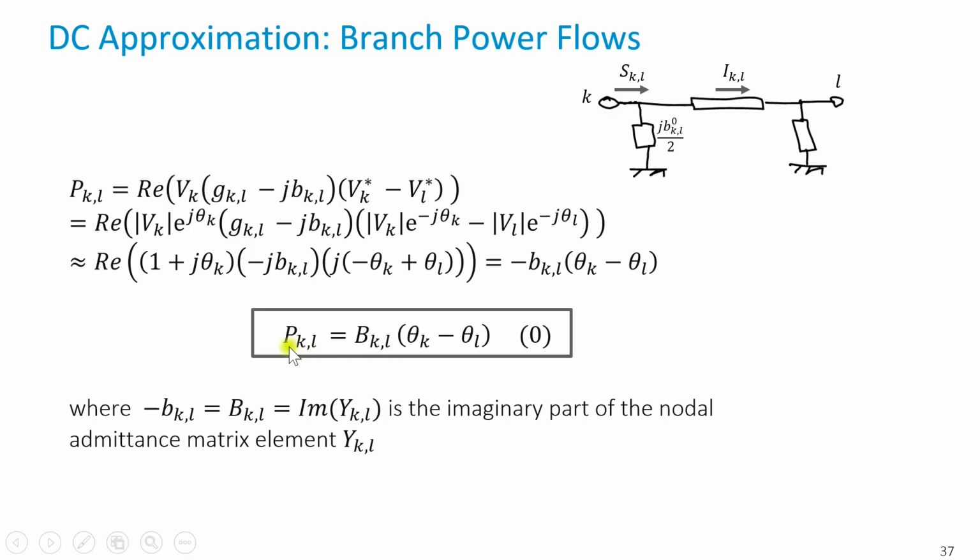And this gives this approximation, which is exactly capturing what I mentioned on the example before. It says that the power from K to L is proportional to the difference of phase angles from K to L here, and the proportionality coefficient is exactly B_KL.